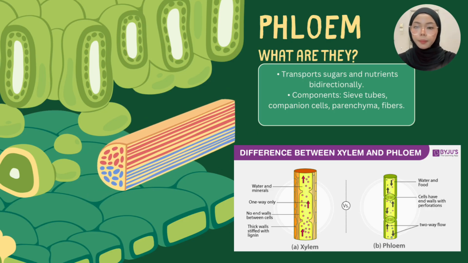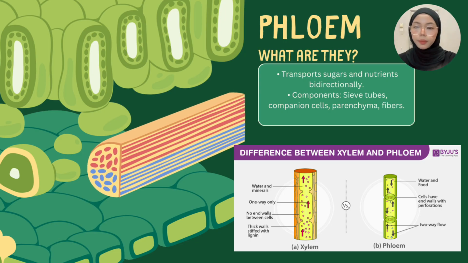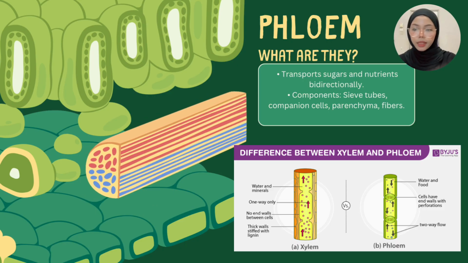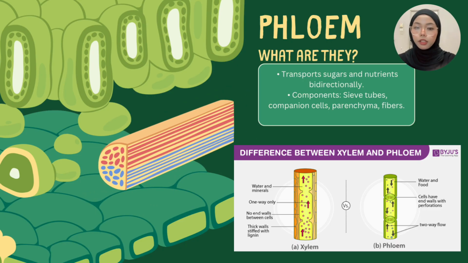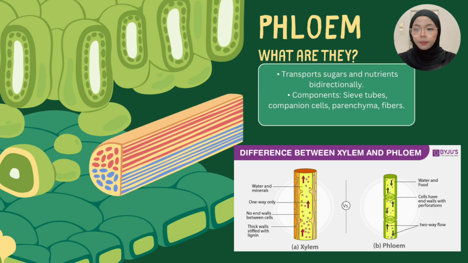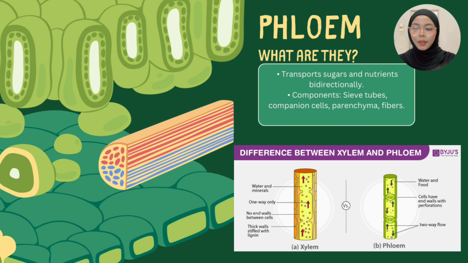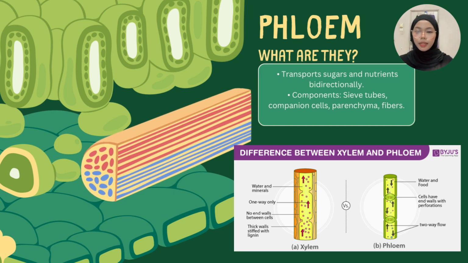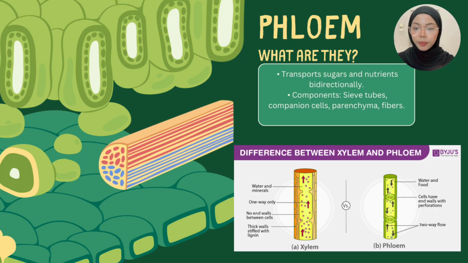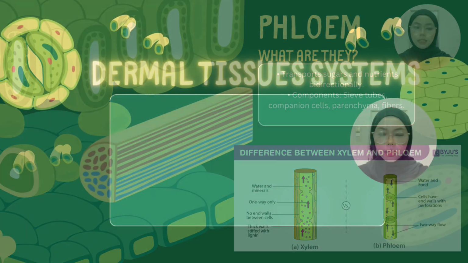Next one is phloem parenchyma, living cells for storage and lateral transport. They contain plastids that may store starch and help load and unload sugar. The last one is phloem fiber. Sclerenchyma cells providing mechanical support, particularly important in stems, and commercially valuable in some plants.